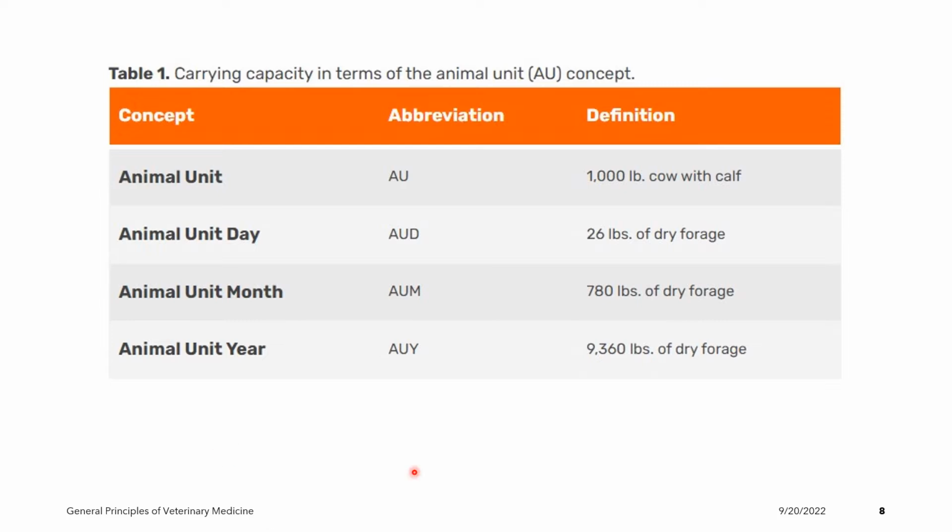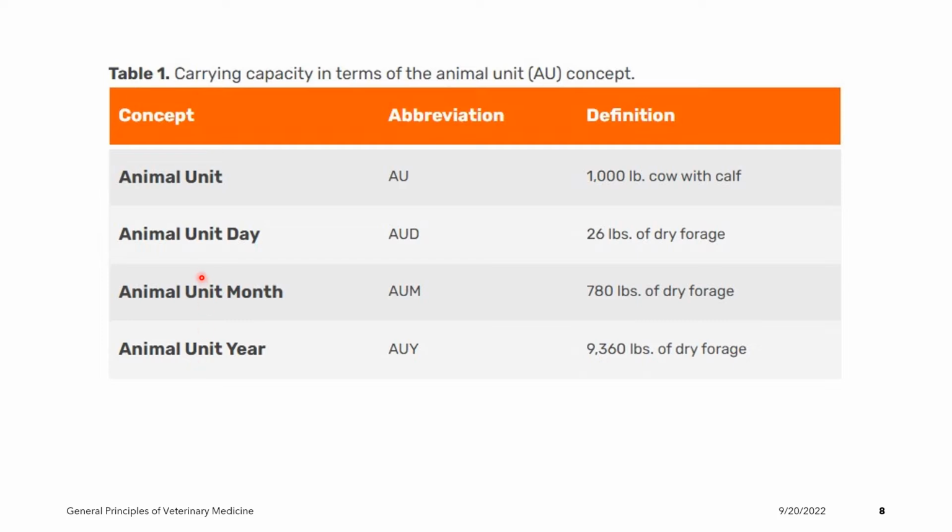So in this diagram, you have here the definition of what is an animal unit. When we say animal unit, that is a 1,000 pound cow with its calf. We also have here some definitions: the animal unit day, animal unit month, and the animal unit year.